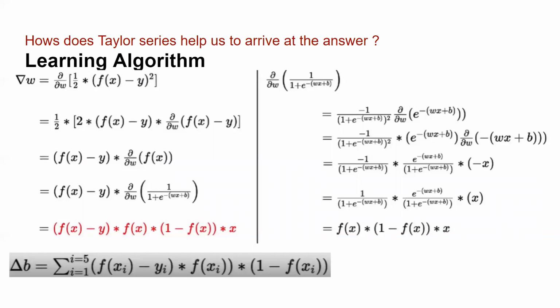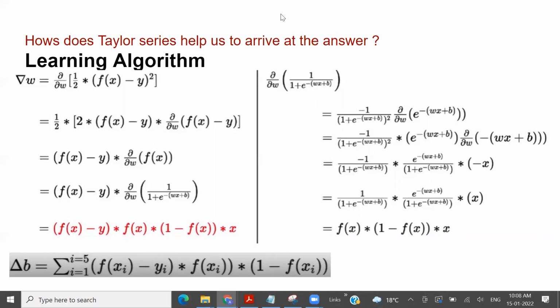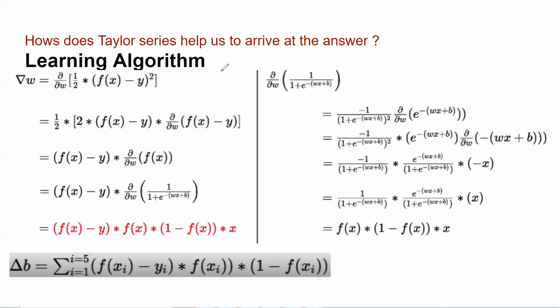Okay. Now, first of all, let us see how we compute the partial derivative of loss with respect to W. Okay. I'm hoping that you know there's a difference between partial derivative and normal derivative. So first of all, this part is my loss, right?